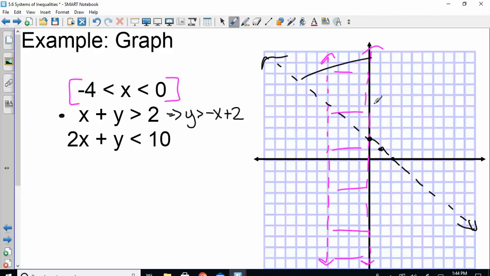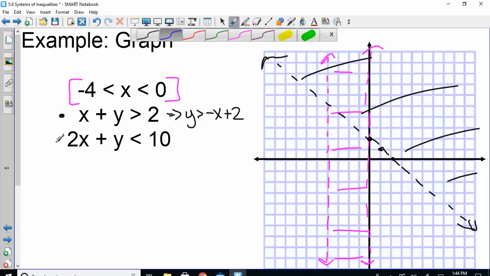Where is that one going to shade? Up, yeah. So far, it's just this little section between those pink lines and above my black one.